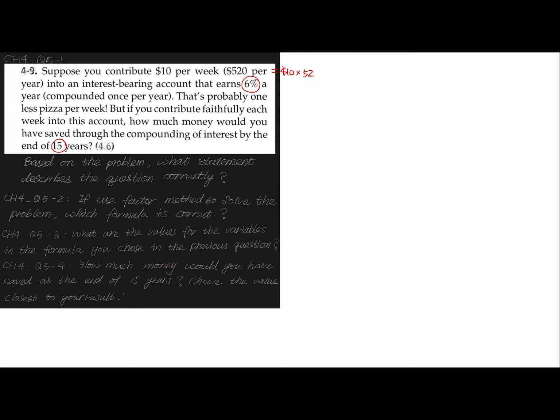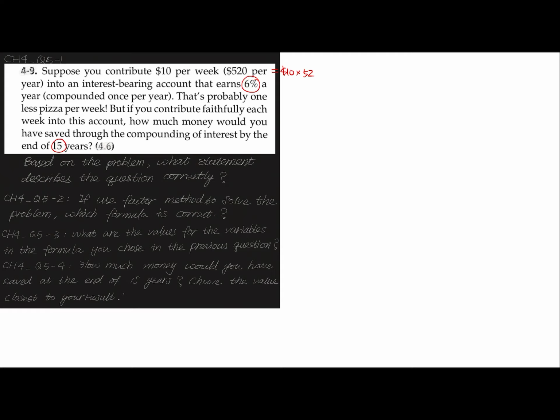So it's an annuity problem, right? An annuity problem is the same amount of cash flow occurring every interest period. So basically this question is about finding the equivalent future value of an annuity.